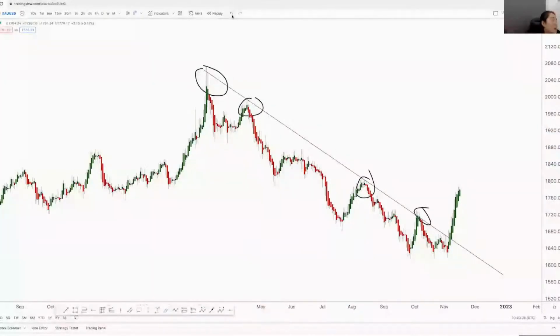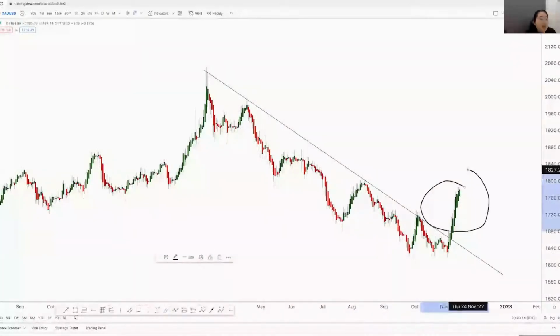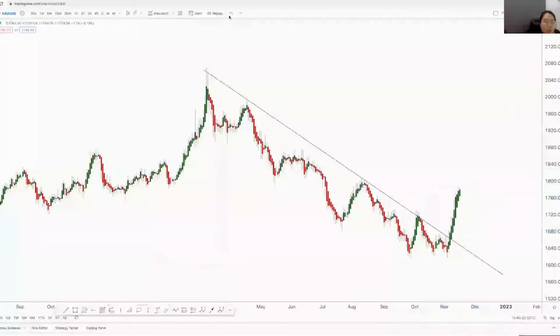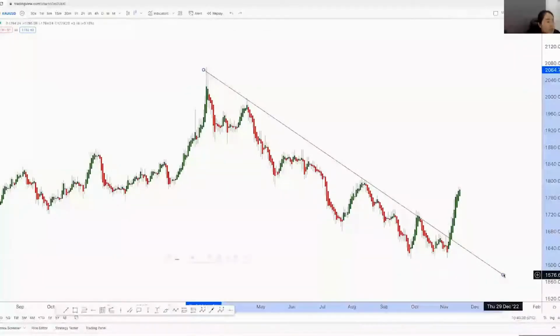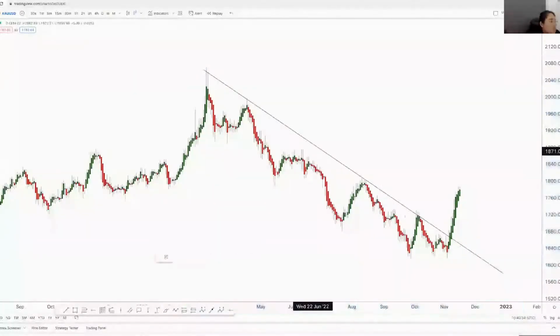One thing I've noticed is that this downtrend has recently been broken by the recent candle structure, the recent movement in price. With the traditional way of TA, this is a swing high here.